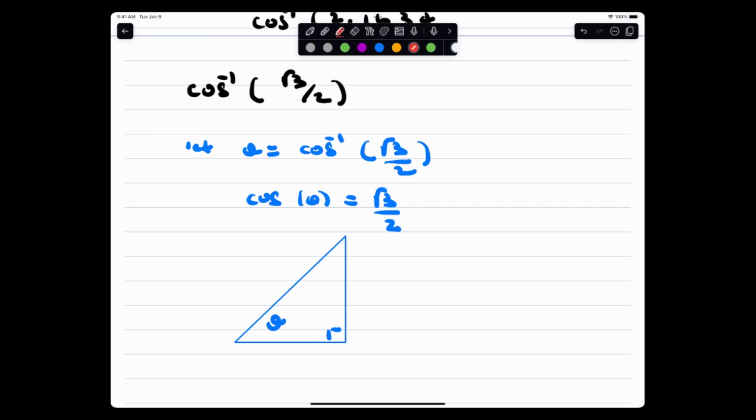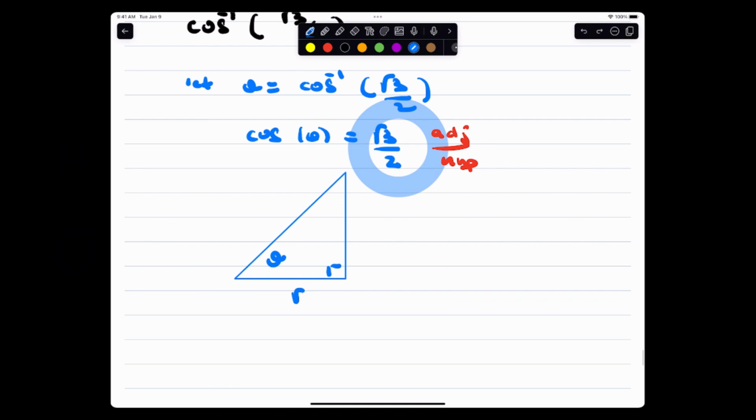We notice that this is nice and positive. But what's the definition of cosine? Adjacent over hypotenuse. So this will be square root of 3, hypotenuse is 2. So what is the opposite side then? 1.